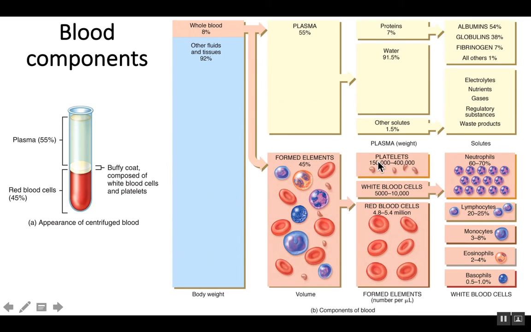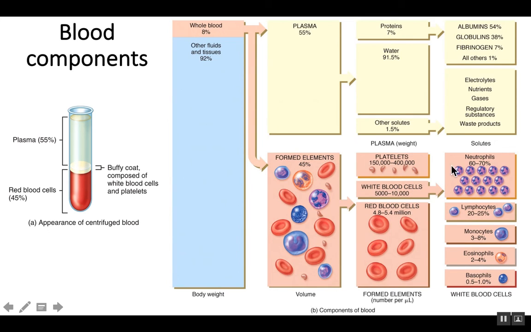The formed elements we'll get to throughout the rest of the PowerPoint, but again, you'll notice that per microliter, there's going to be about 5 million red blood cells, 5 to 10,000 white blood cells, and somewhere between 150,000 to 400,000 platelets. Looking at the white blood cells, there are different types.